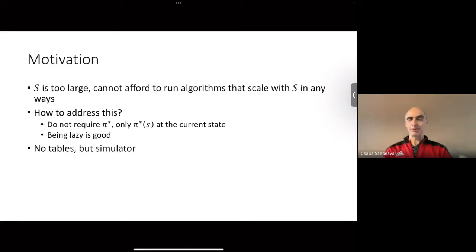So if this was really the goal, it cannot be done unless S is small, or maybe you have a compact representation for policies, but you can't really have that in general, without further restrictions.